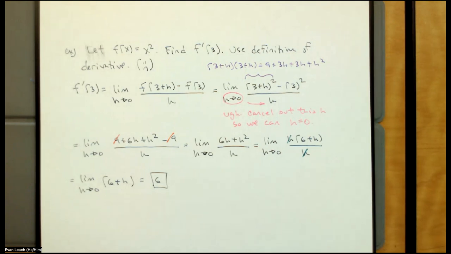When we multiply that out, we get 9 plus 6h plus h squared. And then that 9 conveniently was canceled out by the minus 3 squared out here. Is everybody okay?